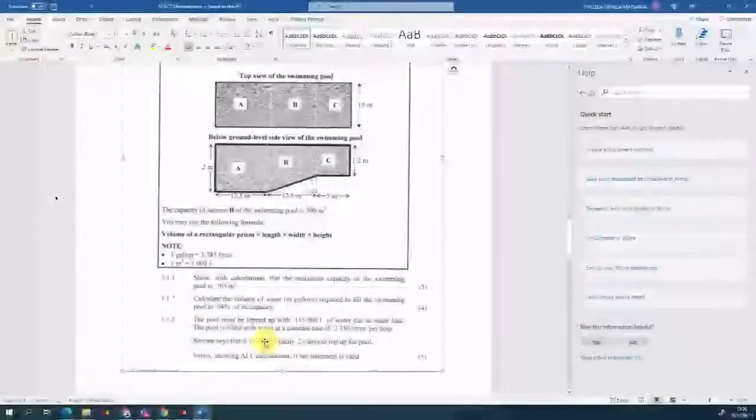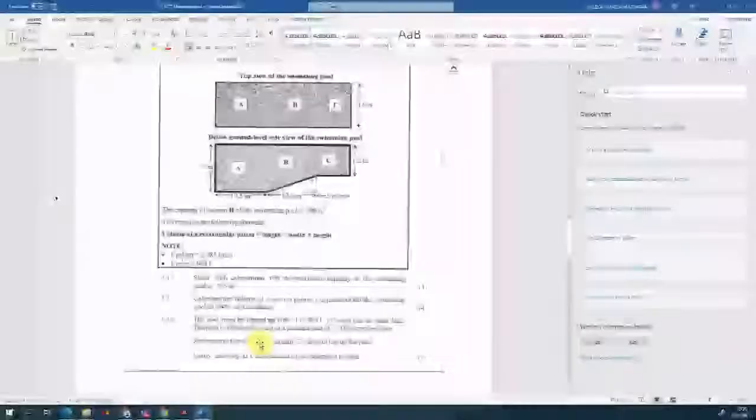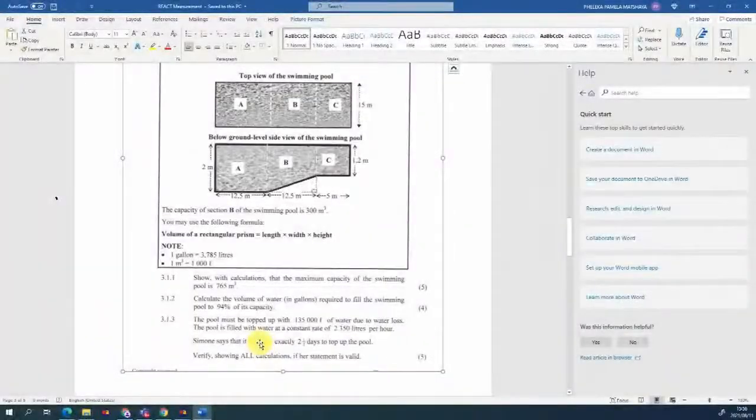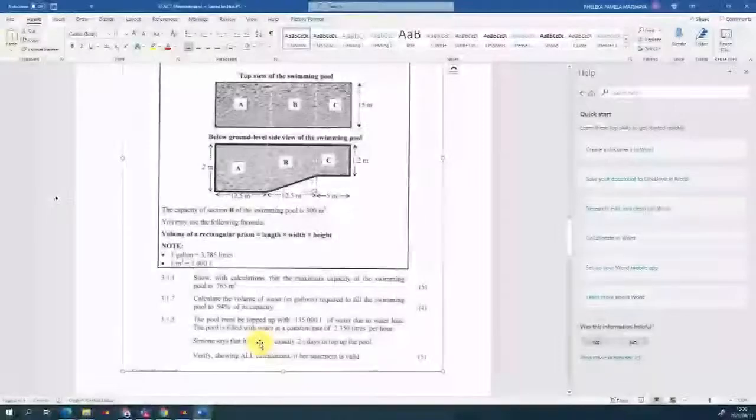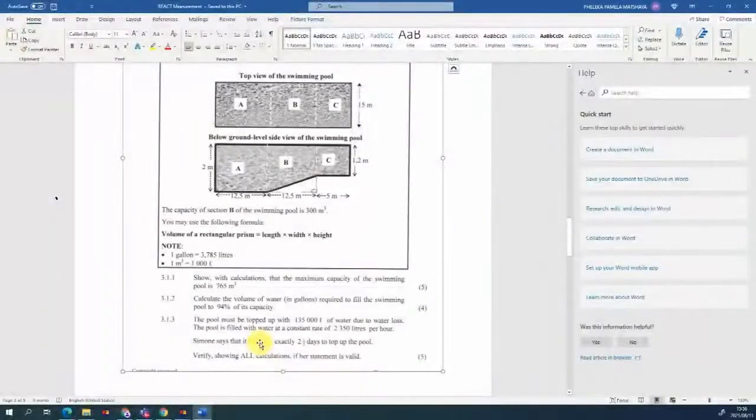You know, water evaporates and gets lost because of splashing and whatever they do. Then the pool must be filled, and in 1 hour it only fills 2,350 liters. So somebody said that for that 135,000 liters, a lot of water, to be replaced it will take 2.5 days.